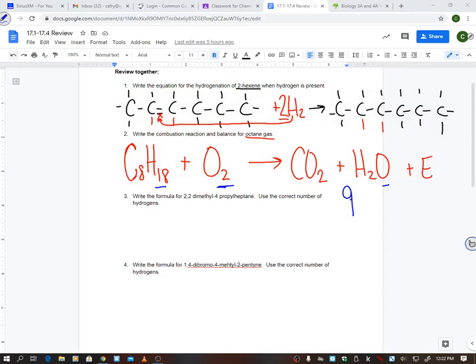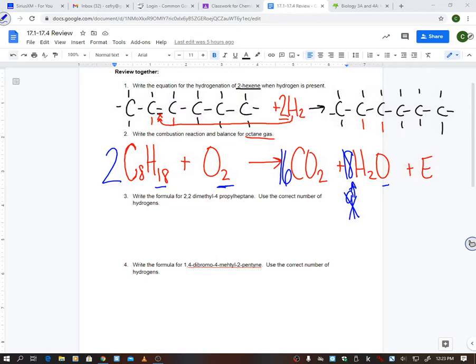So if I ever get an odd number here, I have to double it. So I'm going to go from 9 and I'm going to go to 18. So now I have 36 hydrogens. So I'm going to have to put a 2 here. All right, now that I have my hydrogens balanced, I'm going to do my carbons. And I have 16 carbons now. So I'm going to have a 16 here.